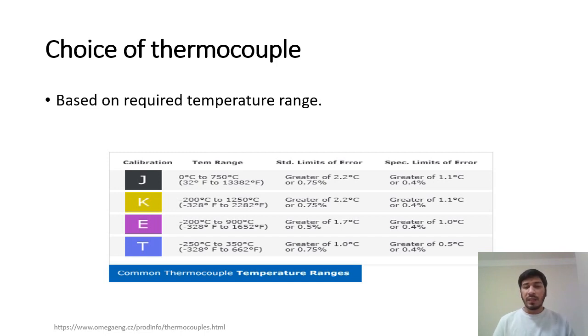So this is how you decide which thermocouple to go for. Different manufacturers will have these kinds of ratings available. You refer to that first, go into the literature, see what temperature ranges you are expecting in your machining process, and you decide.